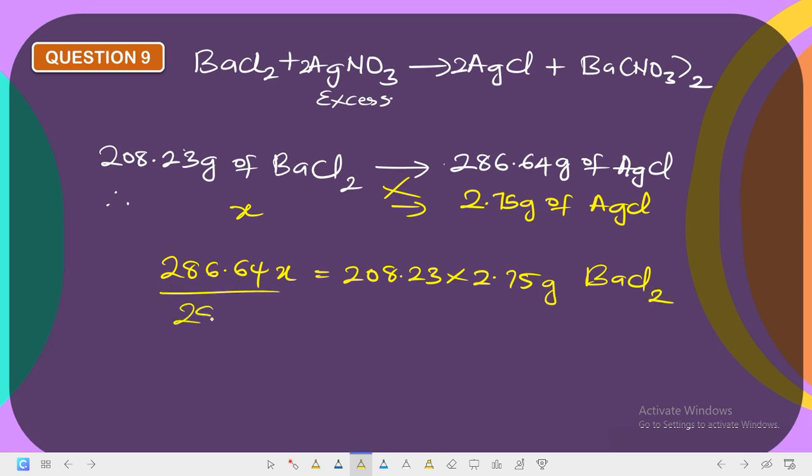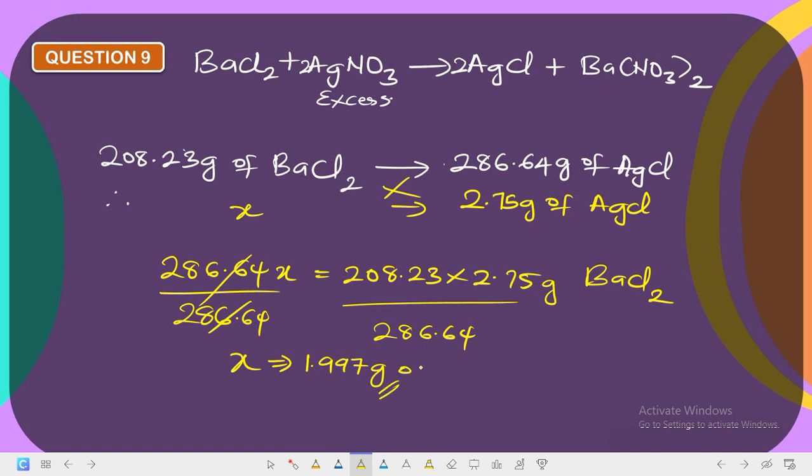So we divide 286.64 by 286.64. When this cancels this, your x will be equal to 208.23 times 2.75 divided by 286.64, and this one gave us 1.997 gram of barium chloride.